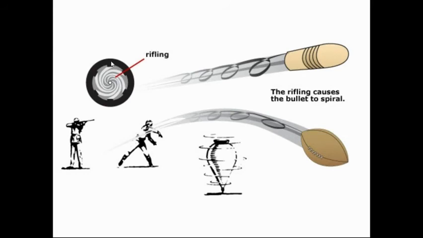This rifling is going to be really important for us in forensics because those raised areas and those depressions are going to leave marks on the bullet itself. And if we can recover the bullet and we can recover the firearm, we can then do a test that compares the two to match that this bullet was fired from this firearm.